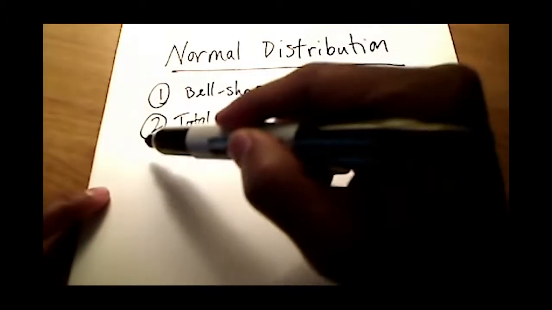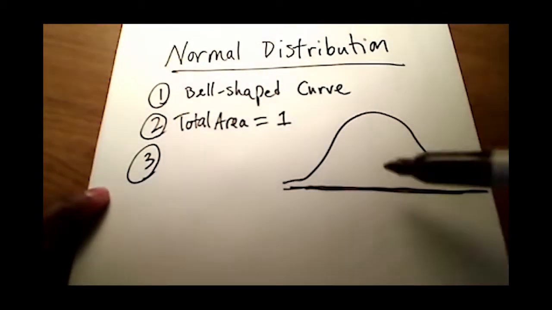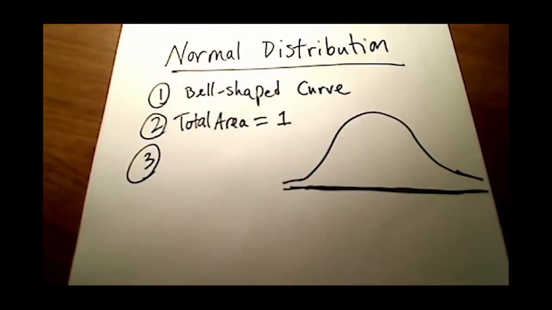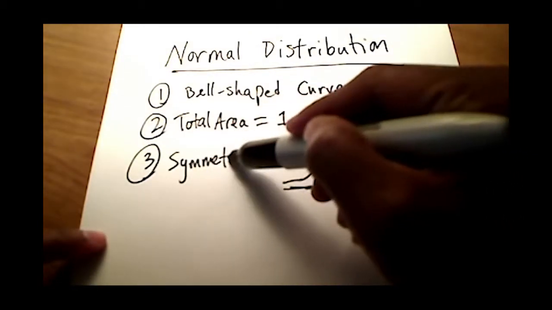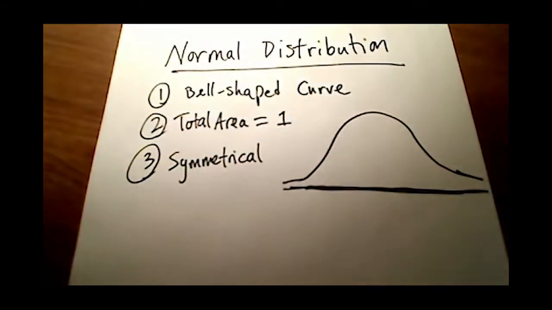The third thing that should come to mind is that this bell-shaped picture here is symmetrical. Right? It's symmetrical. And that comes into play and is very handy. It's kind of a geometric term for later problems.